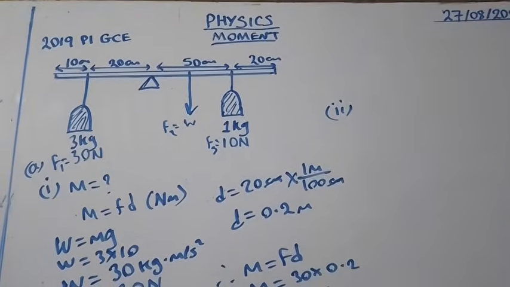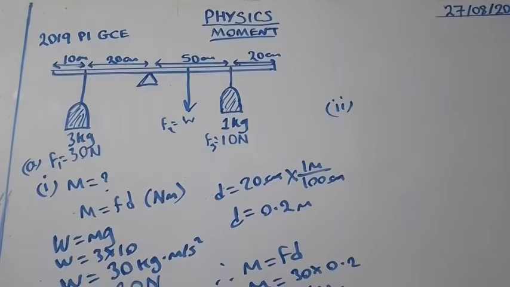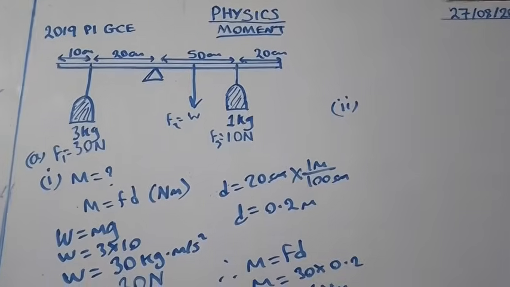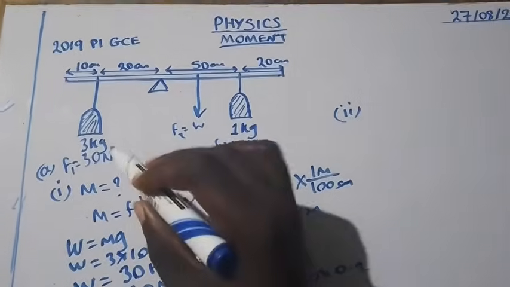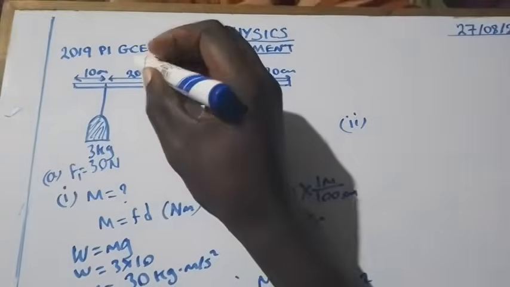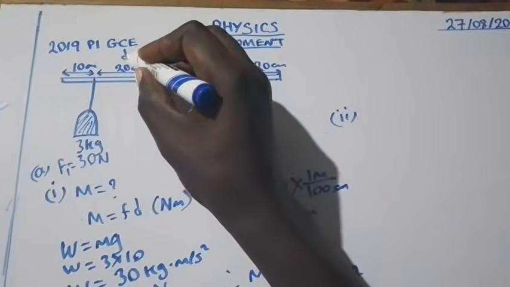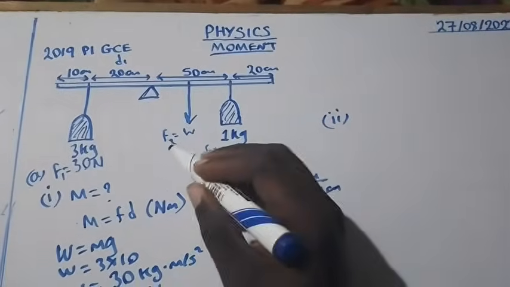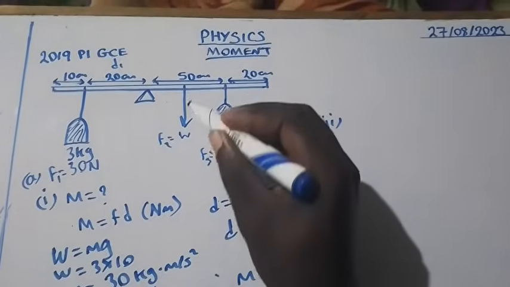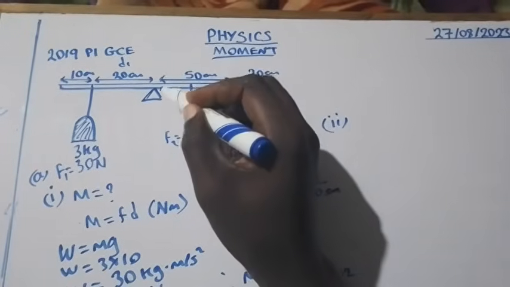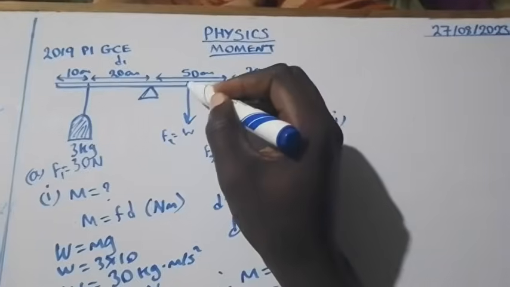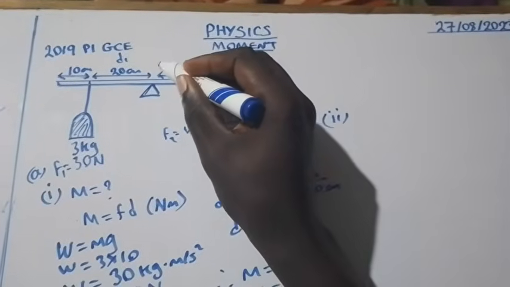So we are going to apply principle of moment here. So force 1, its corresponding distance will be this one. Then force 2, its corresponding distance will be the difference from pivot up to the applied force.